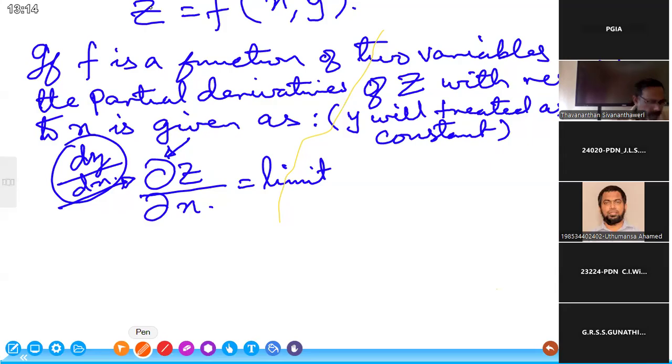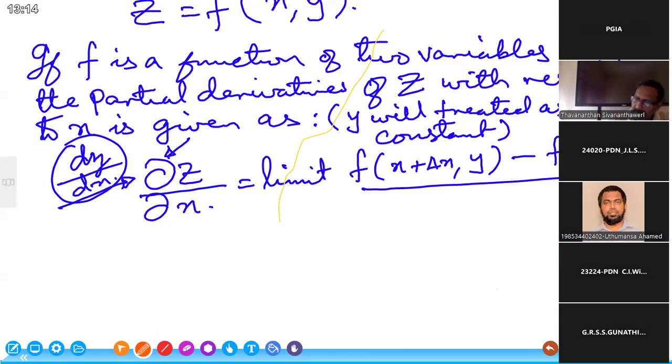Right. So the partial derivative of z with respect to x is given as the limit of f(x plus delta x, y) minus f(x, y), divided by delta x, when delta x reaches 0.